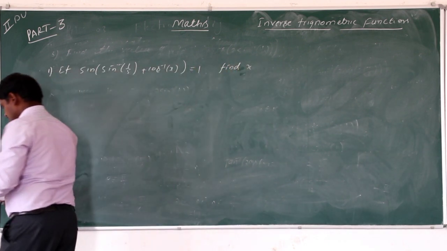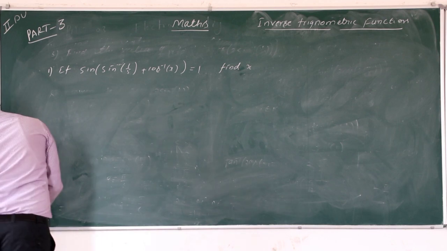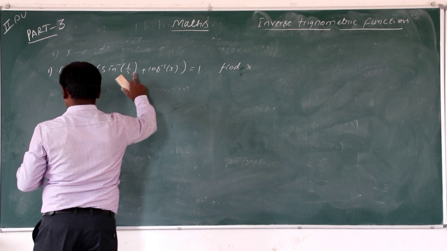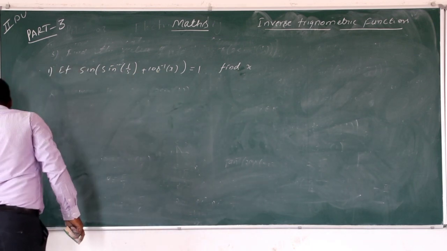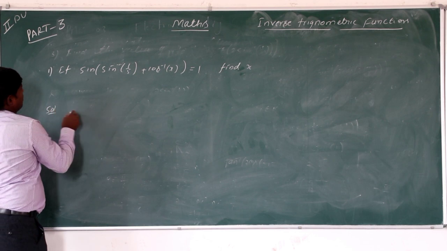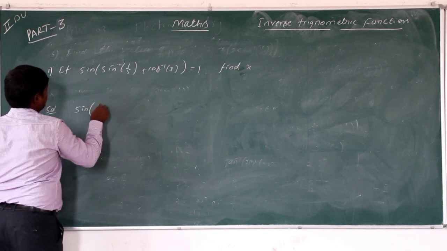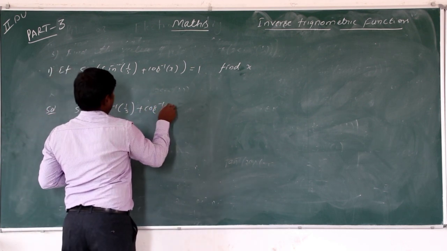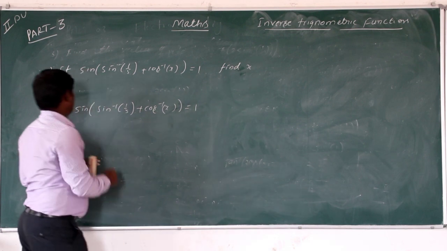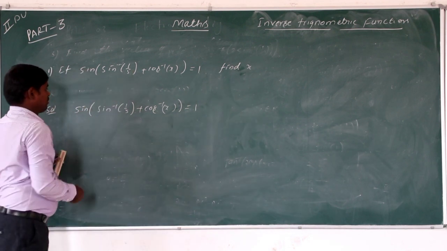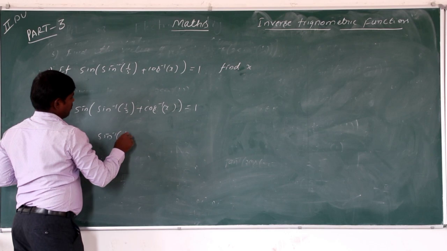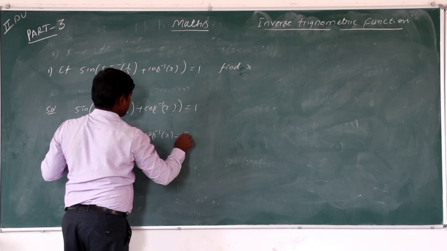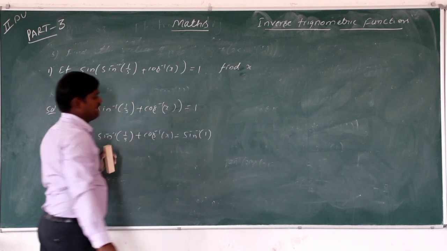So, solution: sin inverse of 1 by 5 plus cos inverse of x is equal to 1. Take sin to that side, so sin inverse of 1 by 5 plus cos inverse of x is equal to sin inverse of 1.